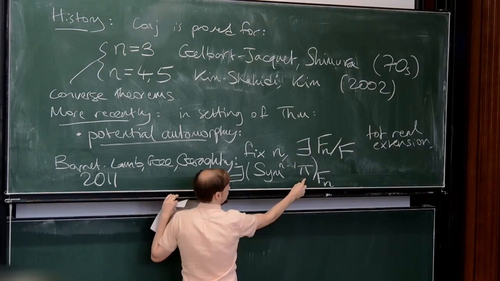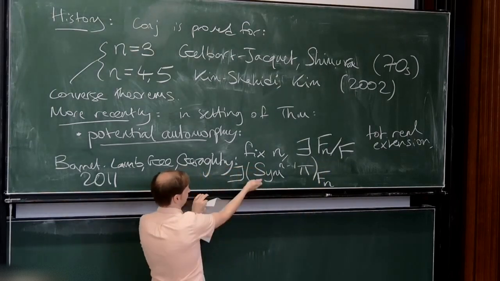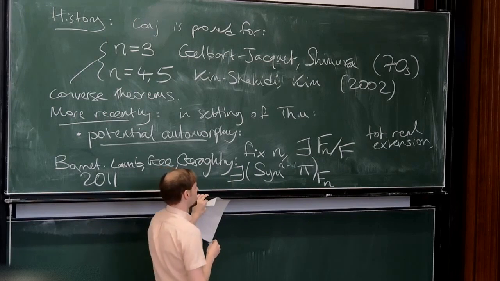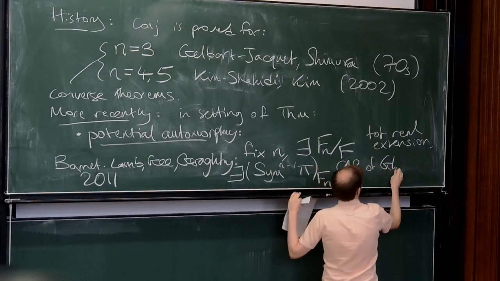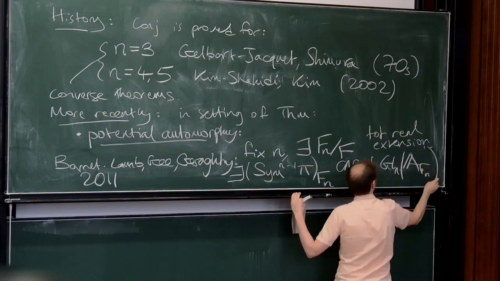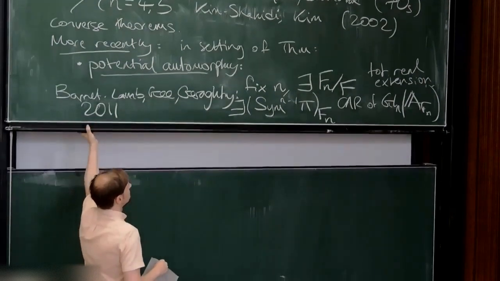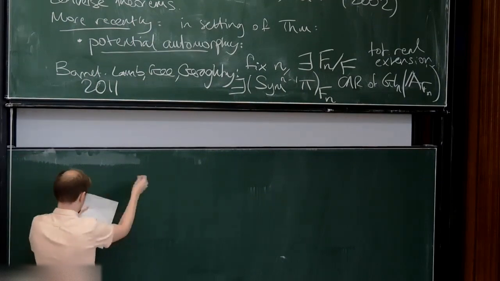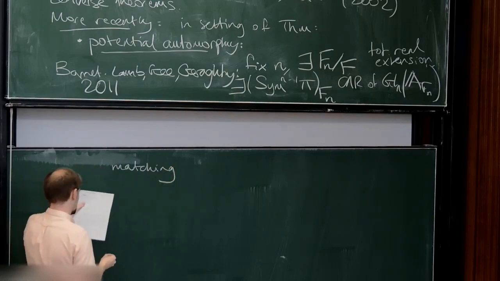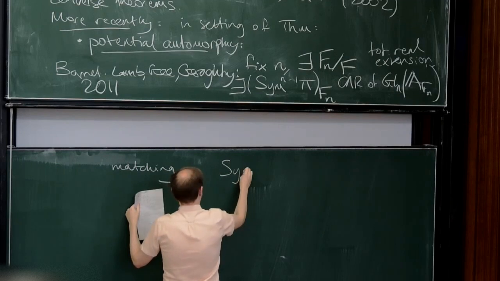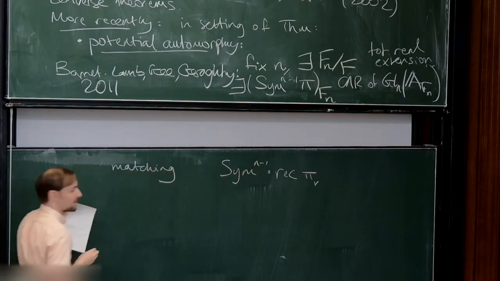So we knew that Sym^{n-1} pi existed, and if we could do base change functoriality for an arbitrary extension like this, then this automorphic representation would be the base change of the symmetric power lifting. Let me just say it matches these L parameters.